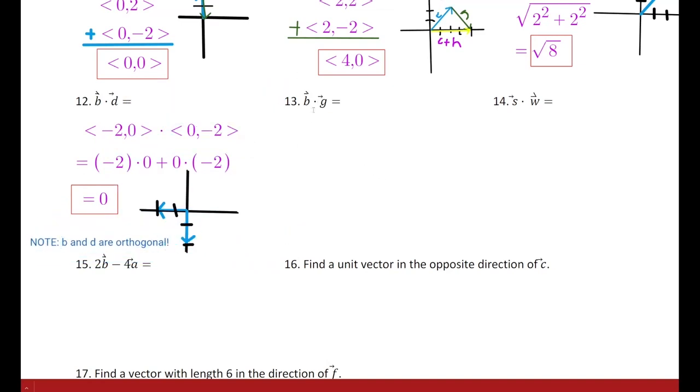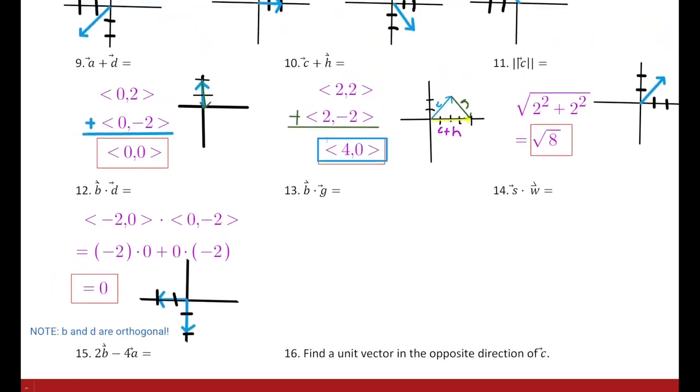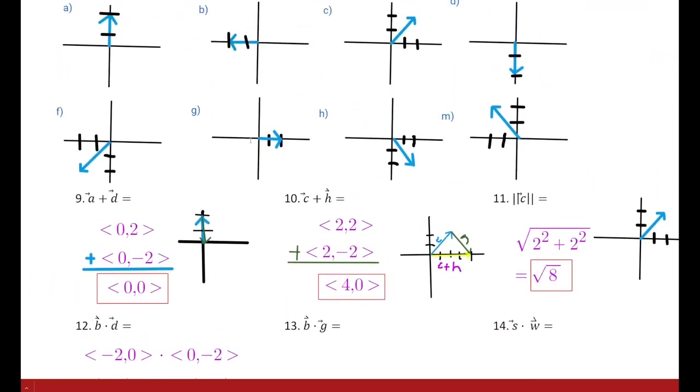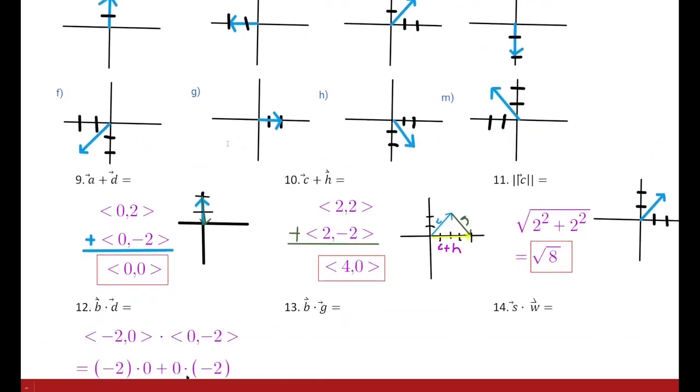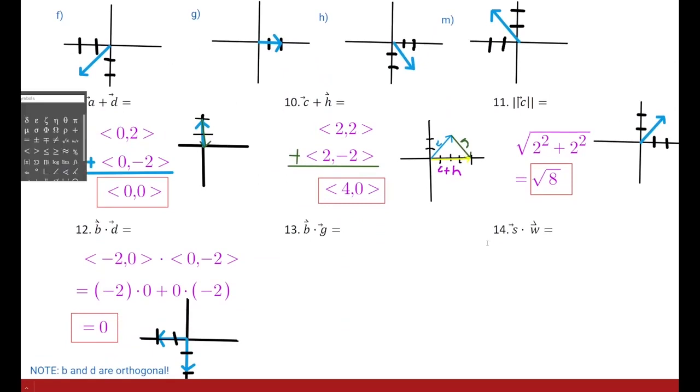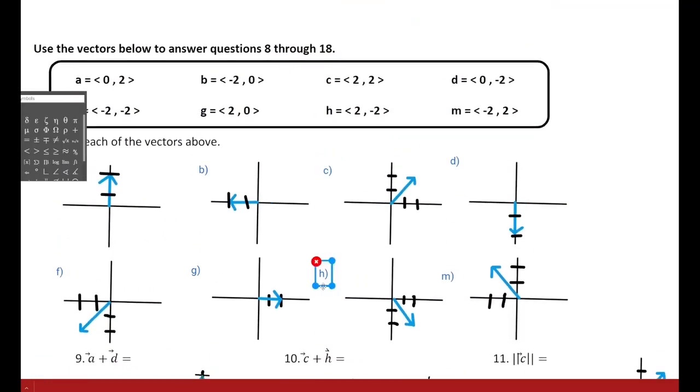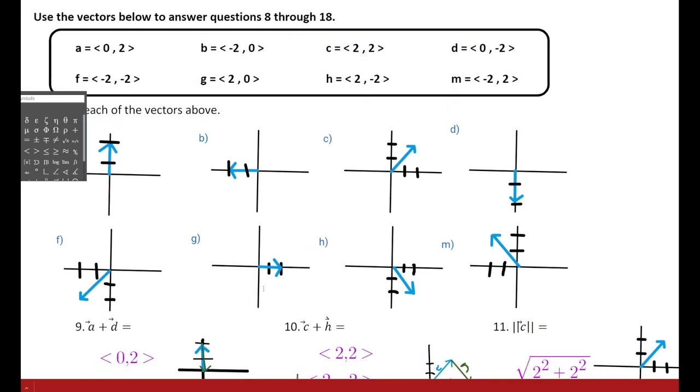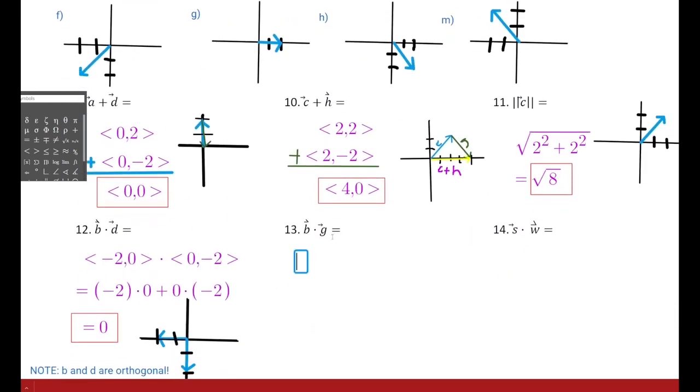For number 13, we have B dot G. Okay, so we've got B and G. B is <-2, 0>, and G is <2, 0>. So we've got <-2, 0> dot <2, 0>.